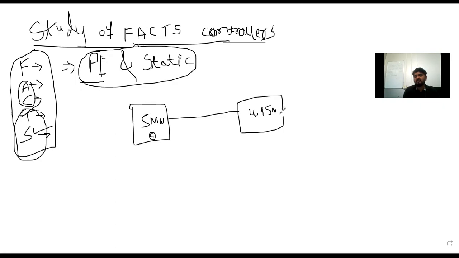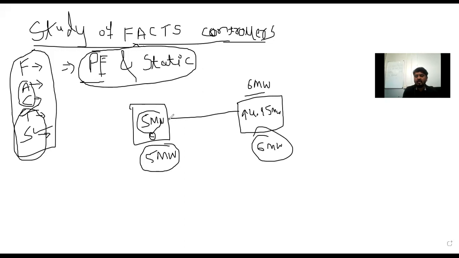Due to some sudden requirement, this load increases to 6 megawatt. Here 5 megawatt is there, 6 megawatt it cannot satisfy. At that time I have to run another 5 megawatt generator to satisfy this 6 megawatt. So I take 5 megawatt from here, and 1 megawatt I have to provide from the other.